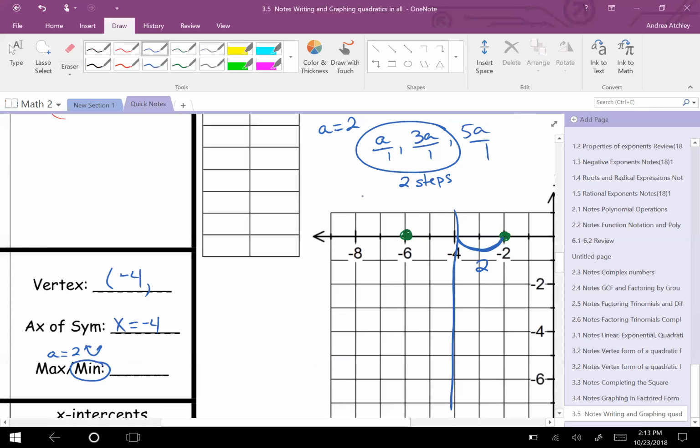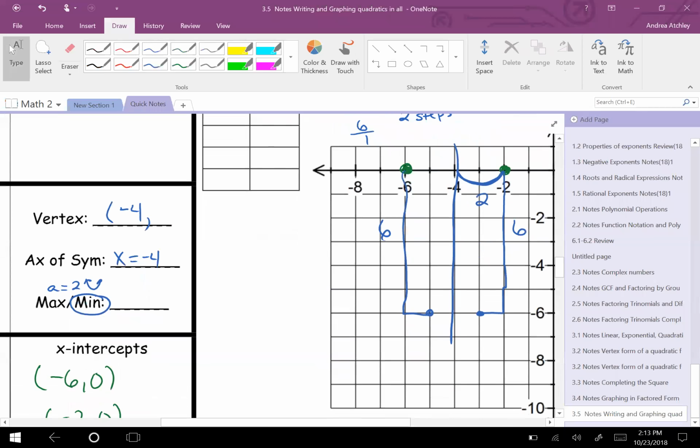So I'm going to start with the 3a. It's going to be 6 over 1 because 2 times 3 is 6. So I'm going to go down 1, 2, 3, 4, 5, 6, and over 1. Do the same thing on the side, 6 and over 1. Then how many am I going to move? Down 2. So I'm going to move down 1, 2, and over 1.